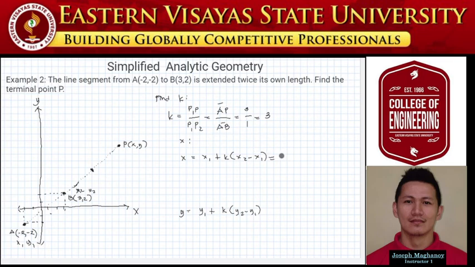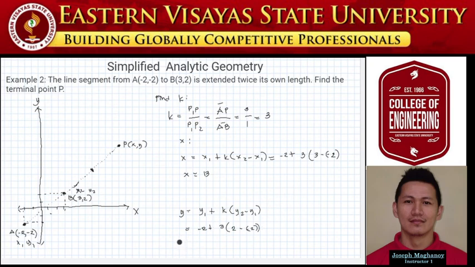So x sub 1 is negative 2 plus 3, x sub 2 is 3 minus negative 2. Finally, your x is equal to 13. And for your y, substituting the value, y sub 1 is negative 2 plus 3, your k, and y sub 2 is 2, minus negative 2.